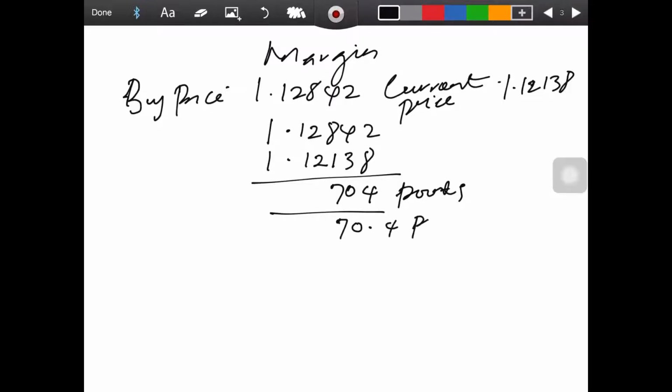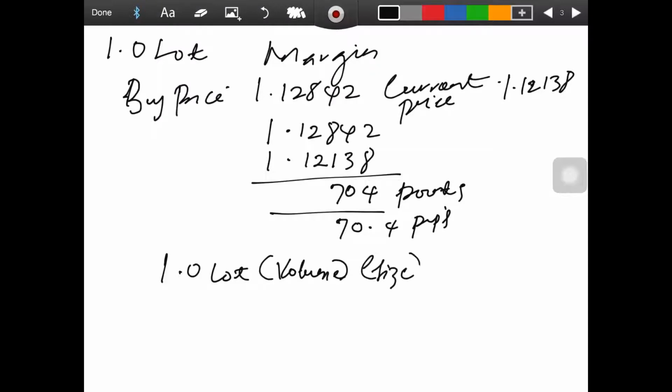is equal to 70.4 pips. Now remember we bought 1.0 lot, which is equal to one standard lot. Lot is the same thing as volume, the same thing as size. One standard lot is equal to 100,000 units.